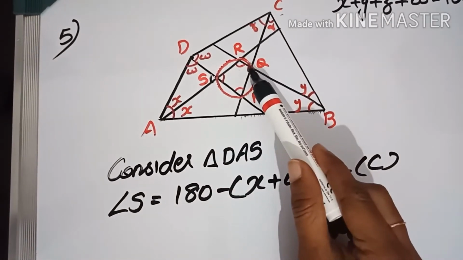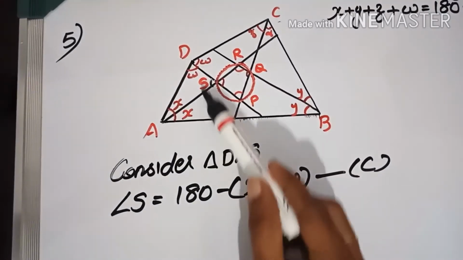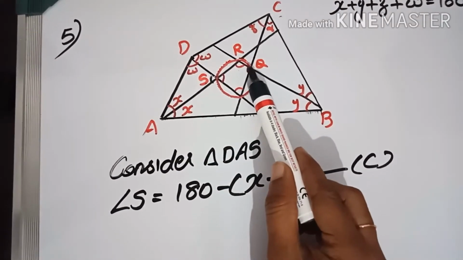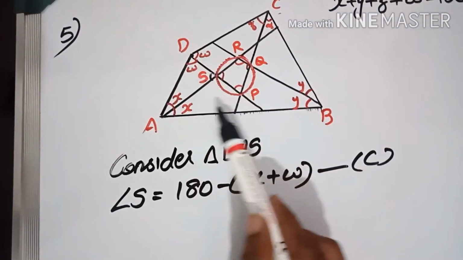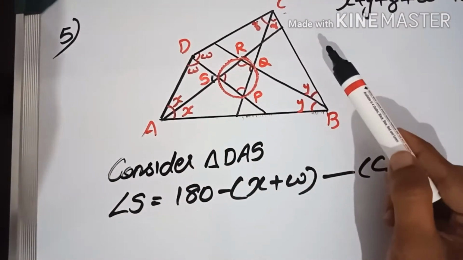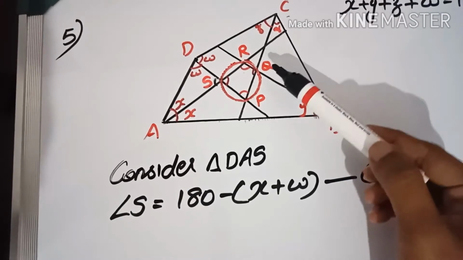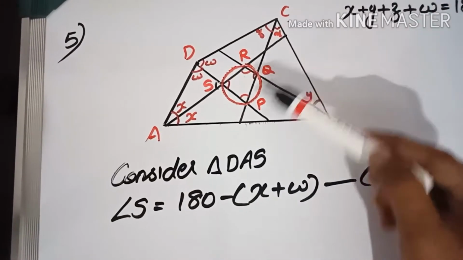Similarly, in order to find angle Q, here it is not possible to consider a triangle with angle Q on this side. No triangle here, but on this side, to the left, one triangle BCQ is there.